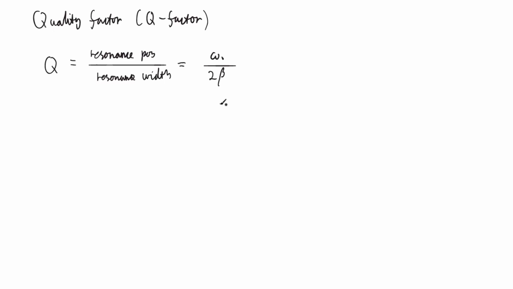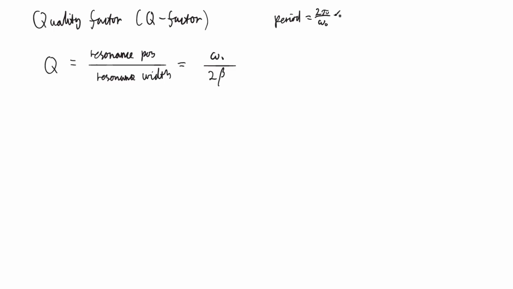What it measures is how good of an oscillator you have. The smaller beta, that is the less damping you have, the larger Q becomes. It has a few different physical meanings. We know that a period is 2 pi divided by omega naught.